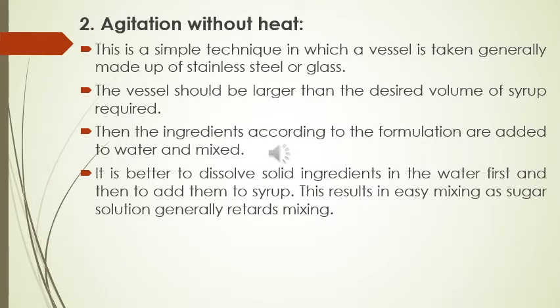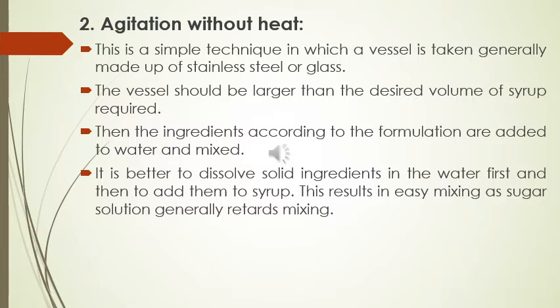The second method is agitation without heat. This is a very simple method wherein we take large vessels in which the mixing is done. All the ingredients are added in the water first, and then this solution is added to the syrup solution.